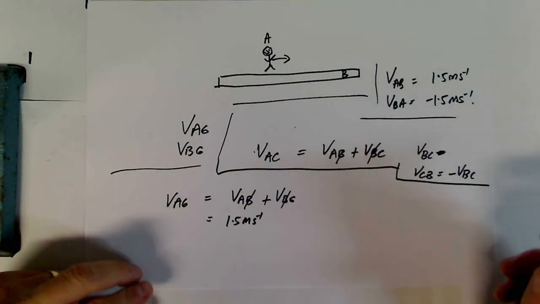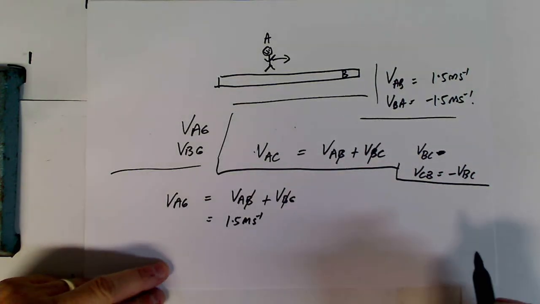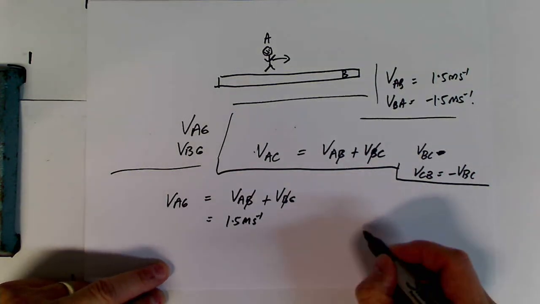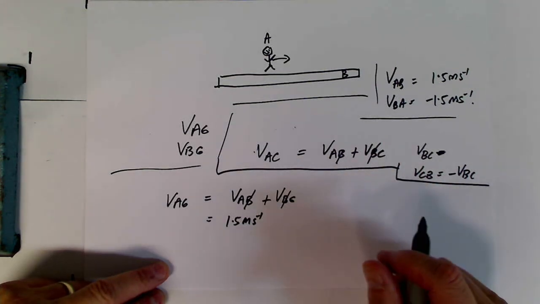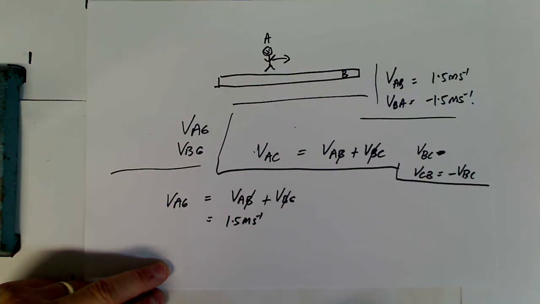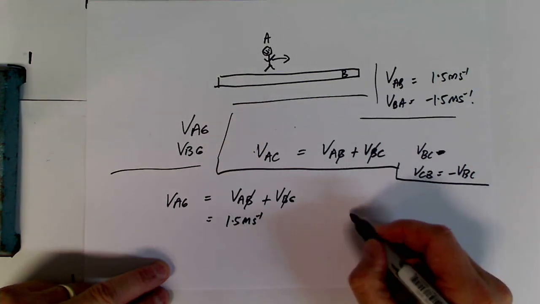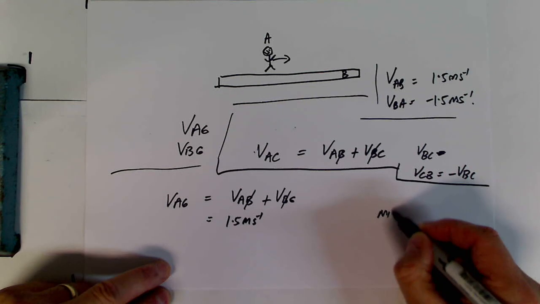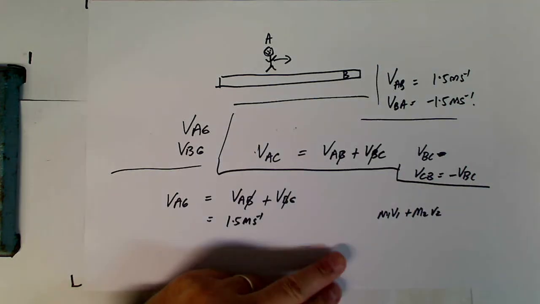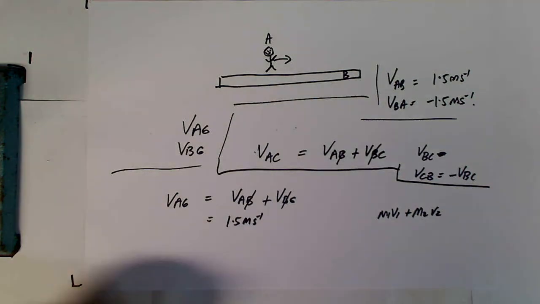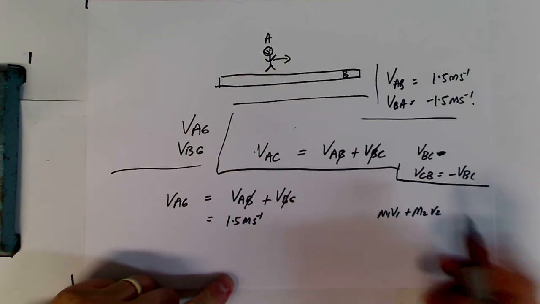But this is where, if we've done our equations from the conservation of momentum, the fact that the velocity of the center of mass stays the same if there's no external force, then we should be able to put in a substitution from somewhere. So if I've got M1V1 plus M2V2, and the velocity of the center of mass is staying the same, then we should be able to make that all add up.